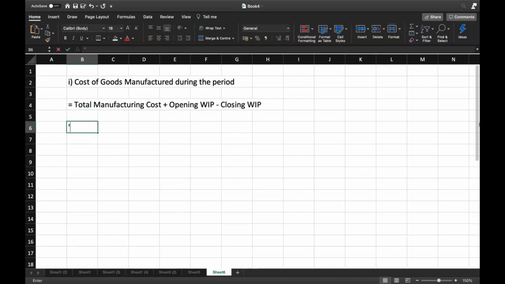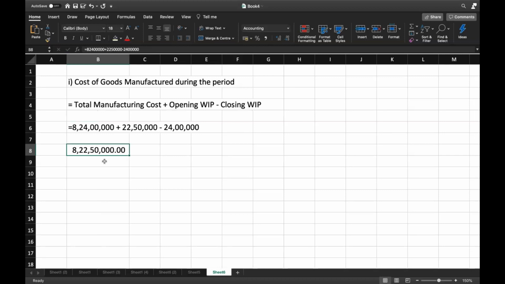We know the total manufacturing cost is 8.24 crore, so 8 crore 24 lakhs. The opening work in progress is 22,50,000, which has to be added, and we deduct closing work in progress, which is 24 lakhs. We get 8 crore 22 lakh 50,000, and this is the cost of goods manufactured during the period.